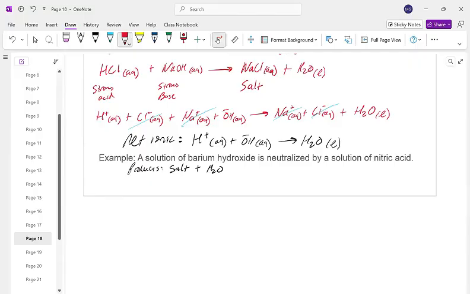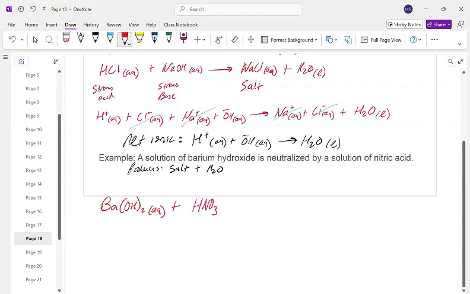So let's just work on drawing our reactants first. So barium hydroxide, barium, remember that's a +2 metal, hydroxide's -1. So this will be our formula for barium hydroxide. And it's neutralized by a solution of nitric acid. Hopefully you know what that formula is.